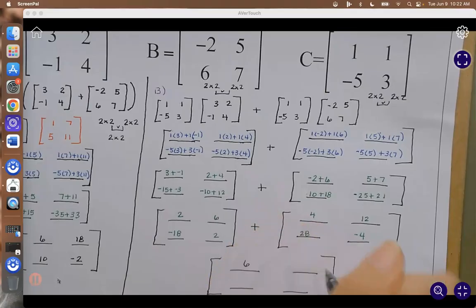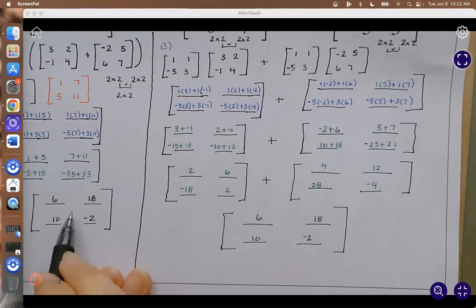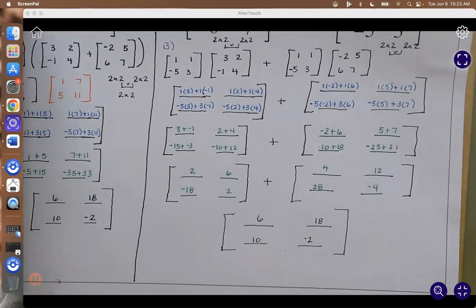So that's 6, that's 18, that's 10, and that's negative 2. What do you notice? They are the same.